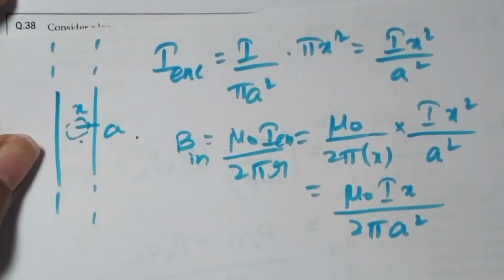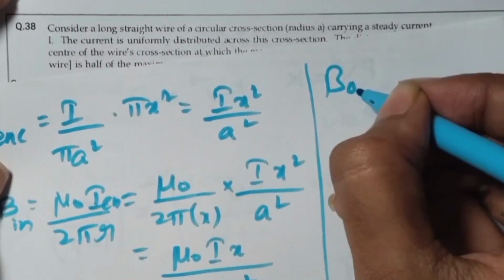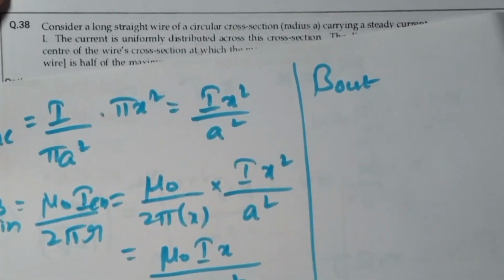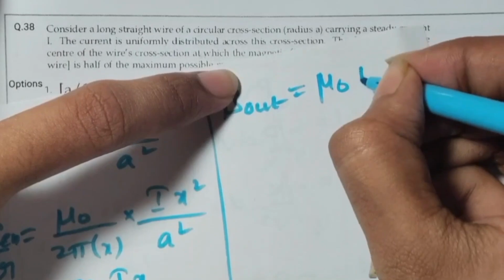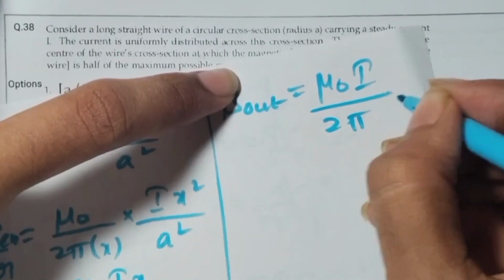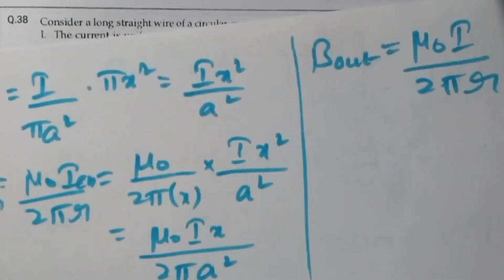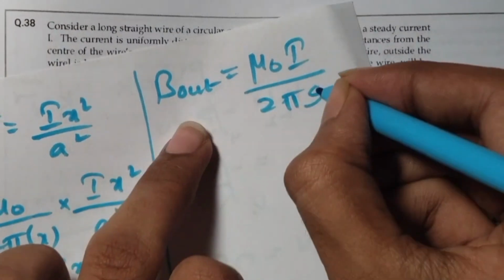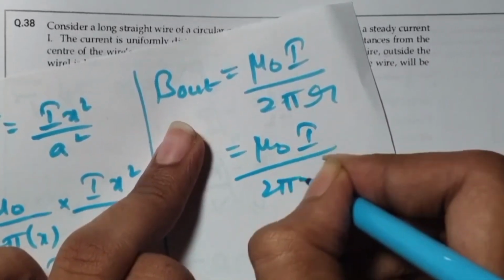This is B inside. Now B outside has the full current, so B out equals mu naught I by 2 pi r. Here you can observe B in is proportional to x, whereas B out is inversely proportional to x.